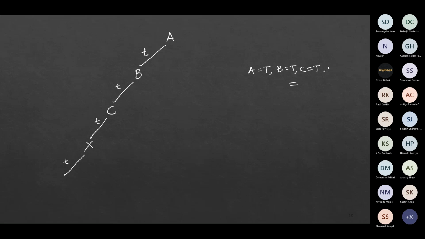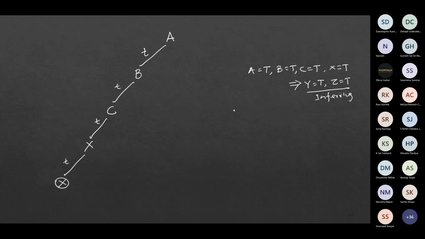From this assignment, we can infer that Y is equal to true and Z is equal to true. So these two we are inferring, not deciding, right? And at this point, if we set X equal to true, we will get a contradiction, right? That you can check.